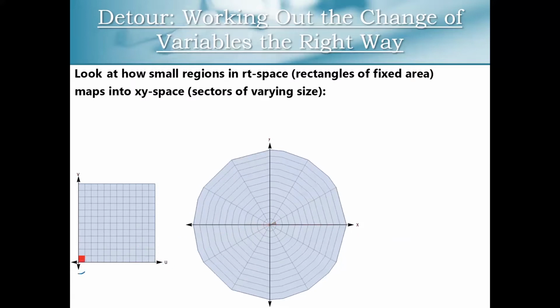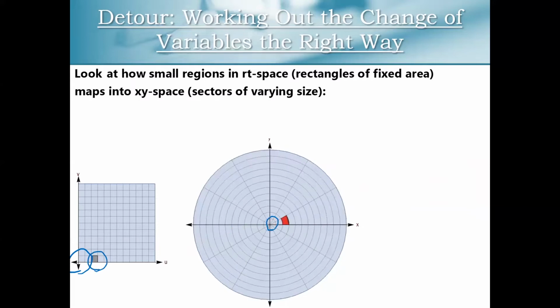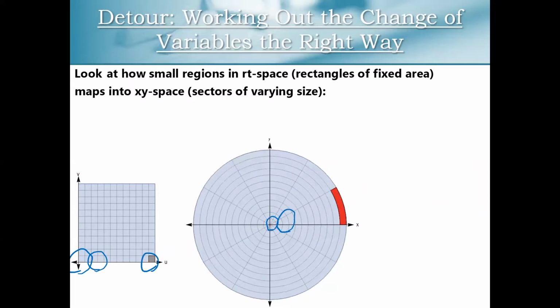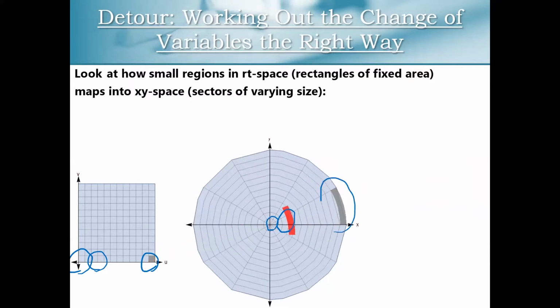Sometimes my RT rectangle maps into a tiny little piece of area in XY space. Now, here's another rectangle of the same exact area, and that seems to be mapping into a sector in XY space that's about the same area as what I had in RT space. And then again, another rectangle in RT space that's the same area as the others. But look at this, it's mapping into a huge sector in XY space.